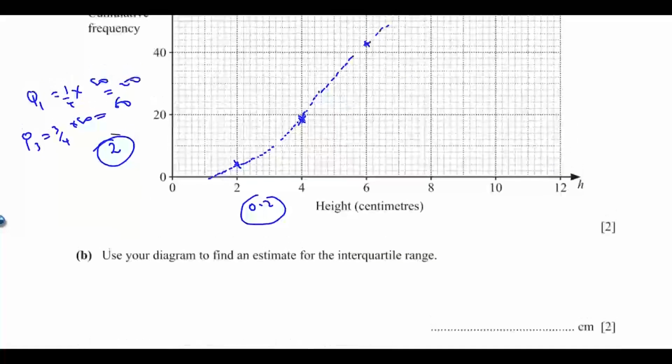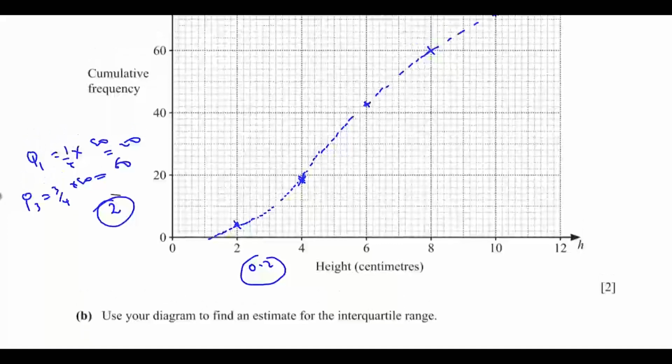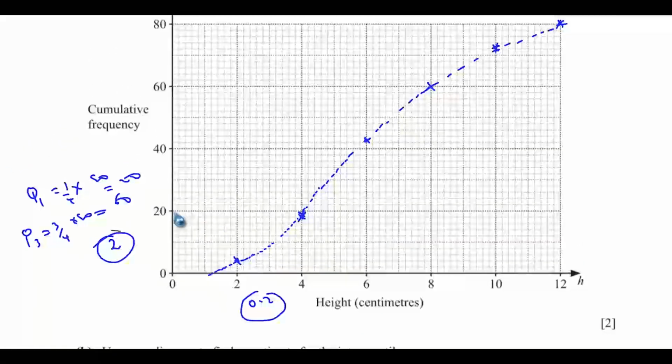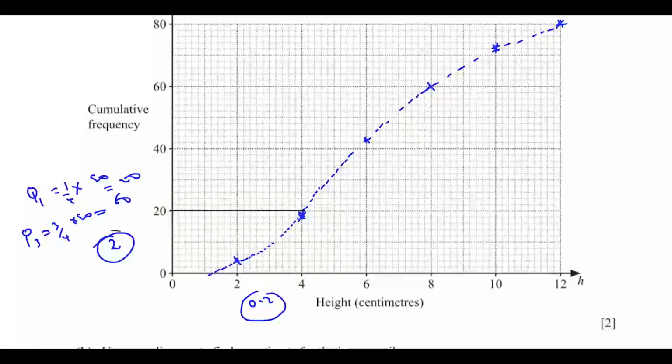Okay, so now let's go to where we have 20 and 60 respectively. So for 20, it will be here. So let's draw a line from here to this point. Okay, so we can trace it down like this. So we're here. Then for 60, it is here like this.